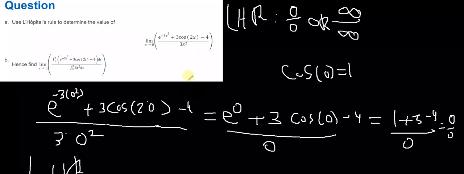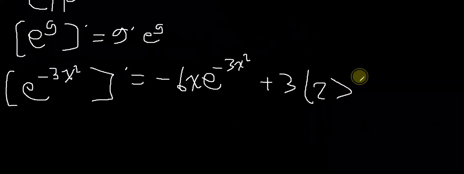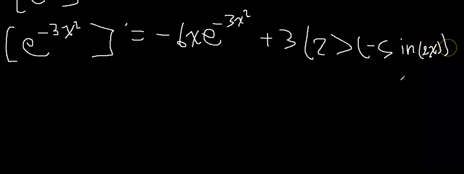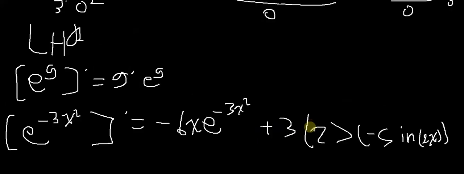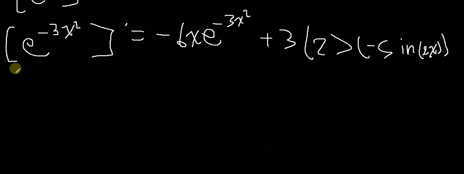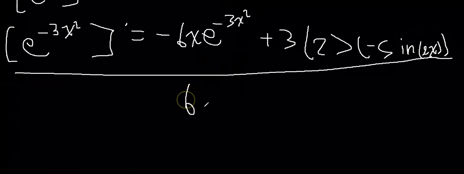So it is plus 3 times 2 times minus sine of 2x. Finally, minus 4: the derivative of a constant is 0, so I'm not going to write it, over 3x squared, whose derivative is 6x. So this is over 6x.